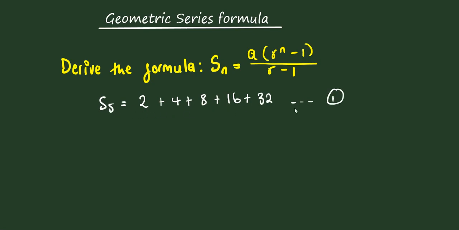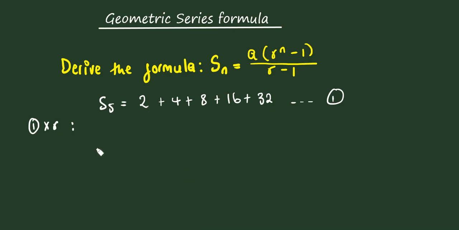Now here, instead of reversing this, just like we did before, we're going to take equation 1 multiplied by the constant ratio, which is r. It's going to be S5 times r. First of all, what is our constant ratio?